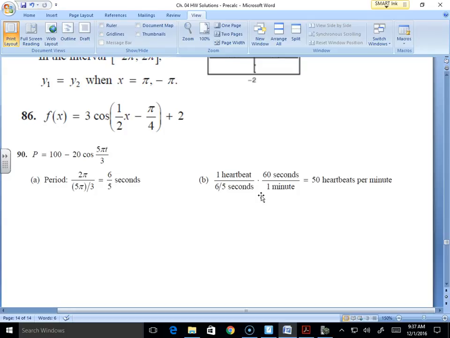Some of you might not have realized that. It would have been 5/6, but you would have had heartbeats per second. That would have technically been your answer, and since they wanted per minute, that's why they had to build a bridge to get it into per minute.